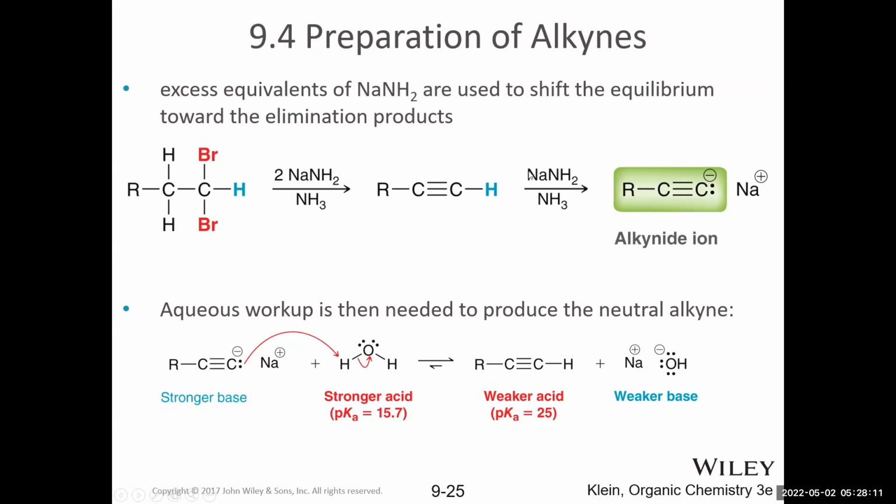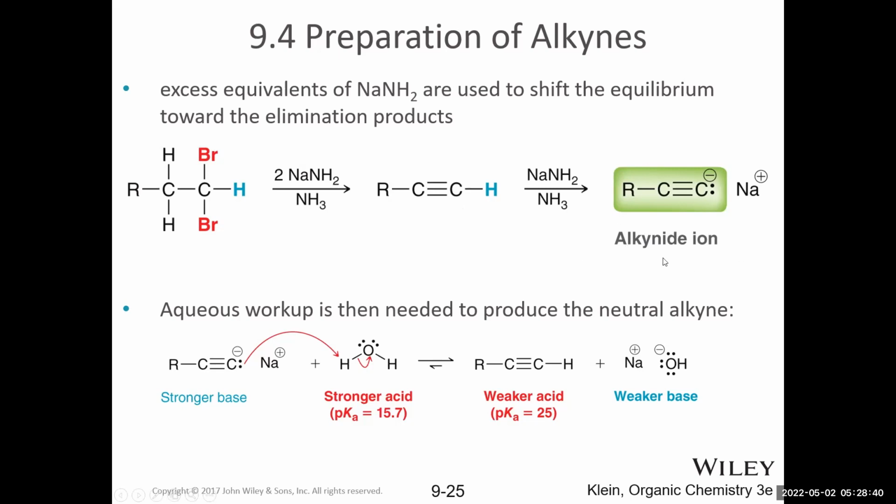The third equivalent is actually used as a base to deprotonate the terminal alkyne, because as soon as we have the 2 pi bonds, now this hydrogen is fairly acidic, pKa of 25. So this is a strong enough base to deprotonate it. And this is used as the driving force, or the step that essentially pushes the reactions toward the product, shifts the equilibriums towards the elimination product.